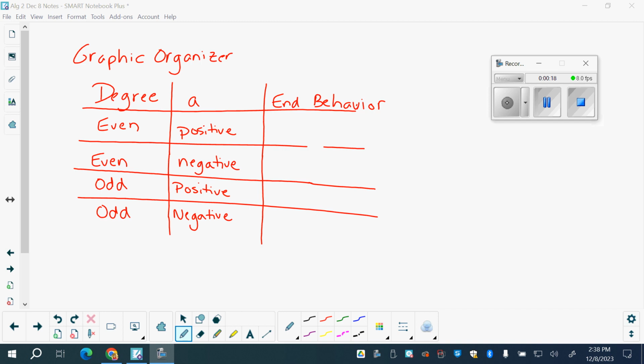So yesterday we talked about end behavior when A was positive. So for even degree, it was left up, right up.